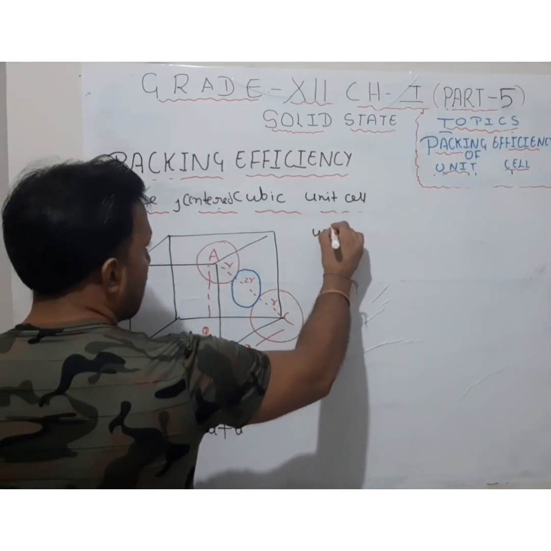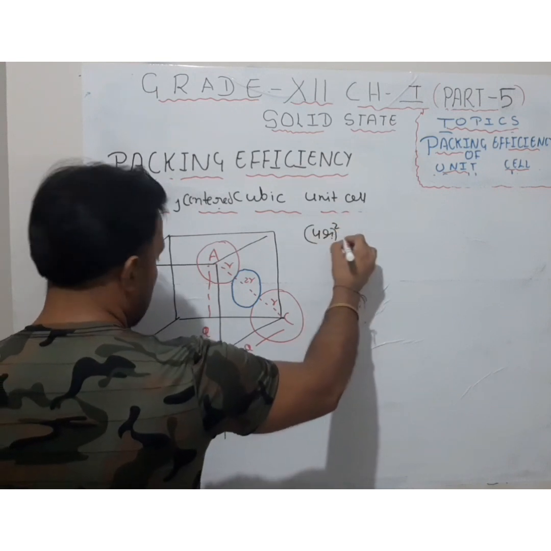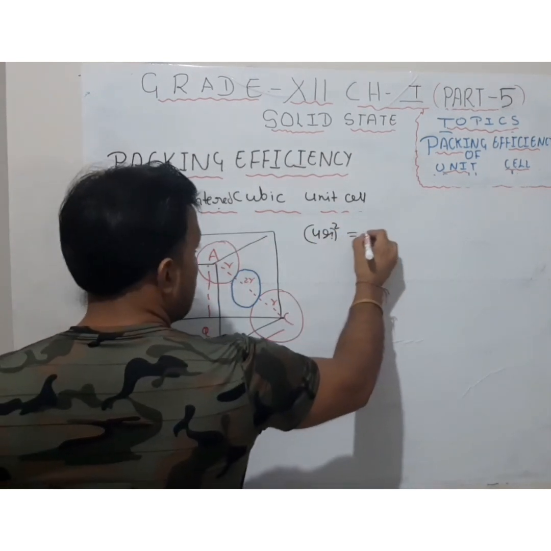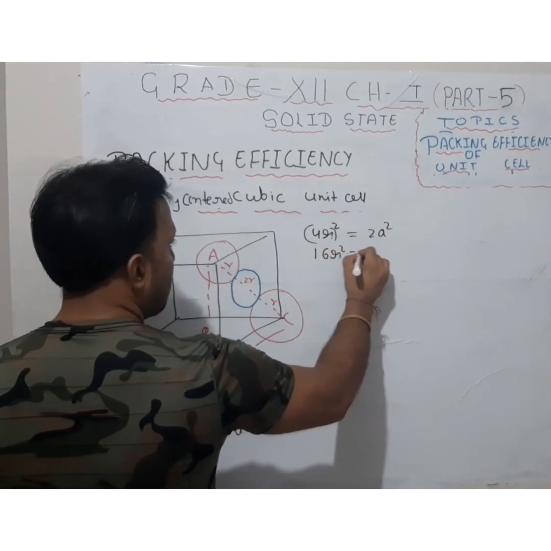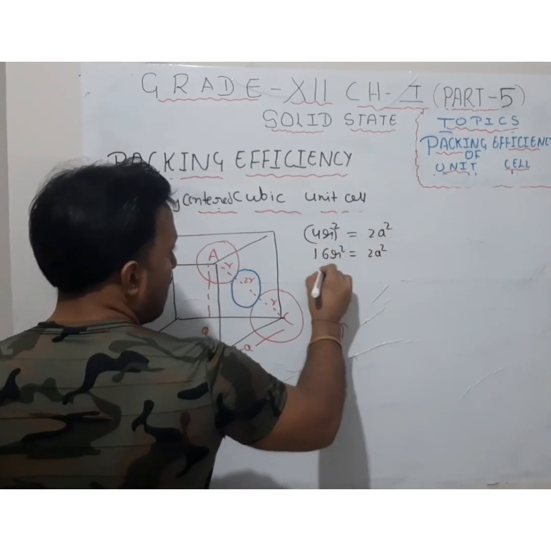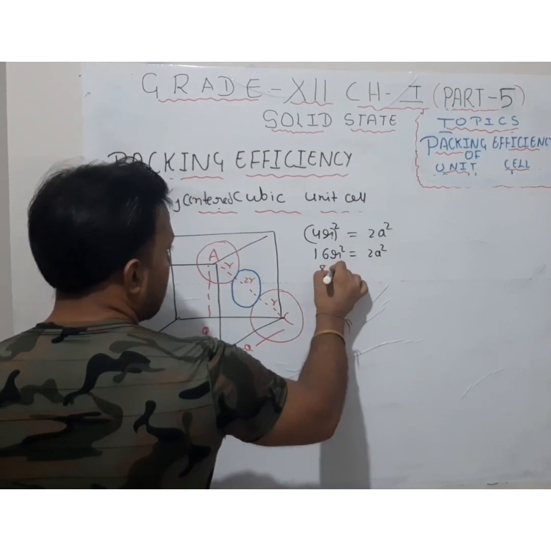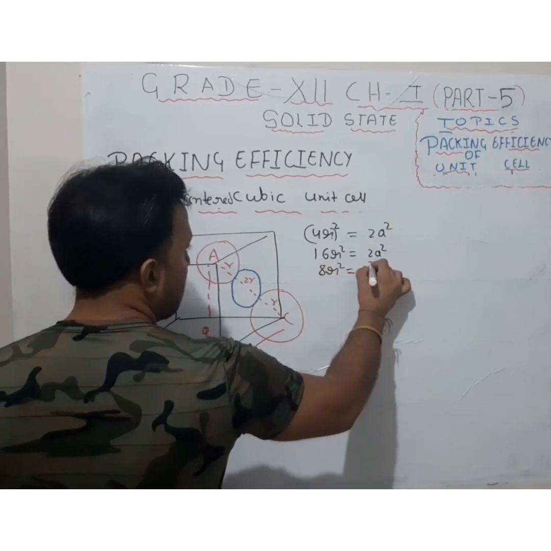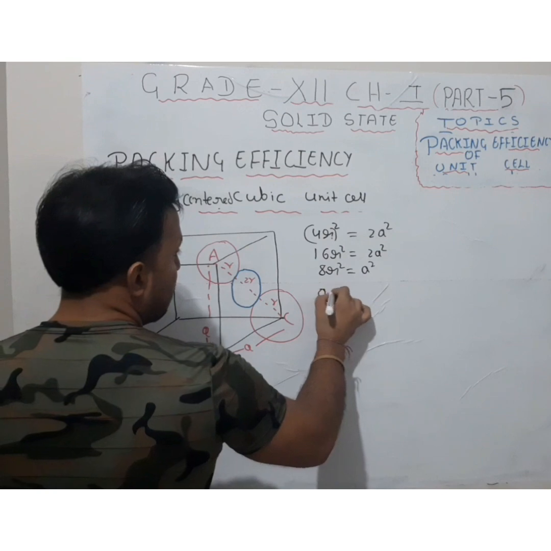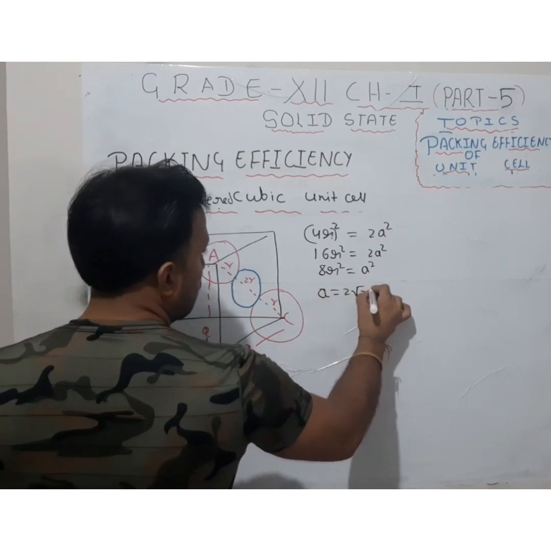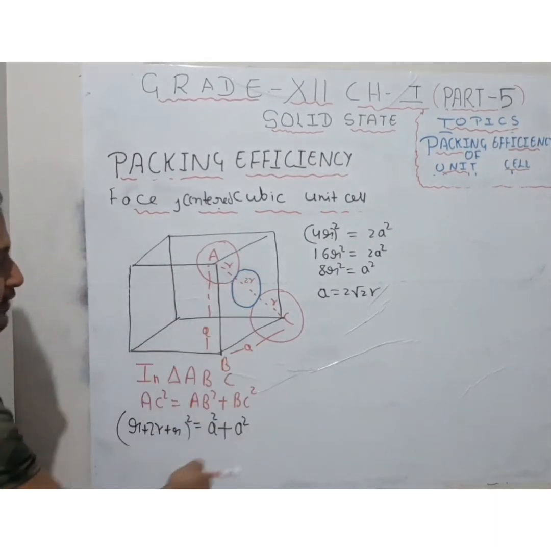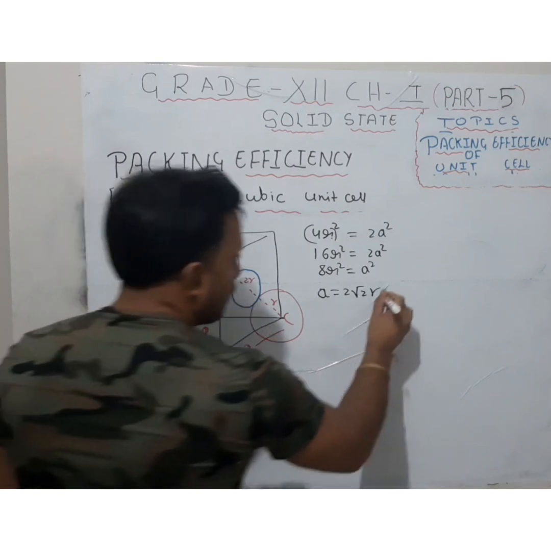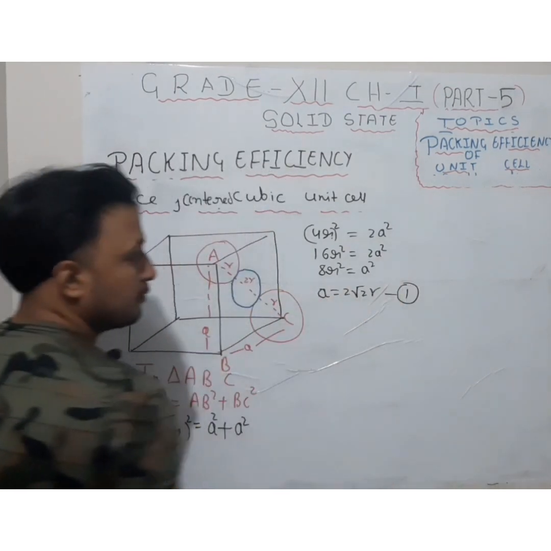It will become 4R whole square equivalent to 2a square, or you can write 16R square equivalent to 2a square, or you can write 8R square equivalent to a square, or you can write a is equivalent to 2 root 2 R. That is how we establish the relationship between the edge and the radius in case of FCC. So this is going to be your equation number 1.